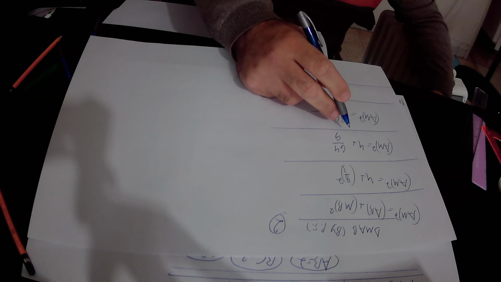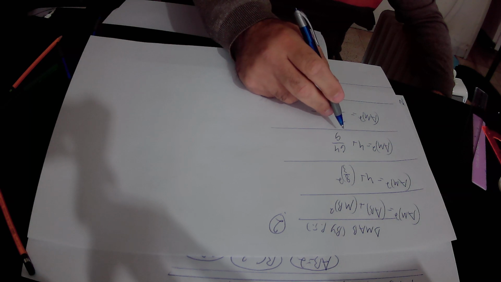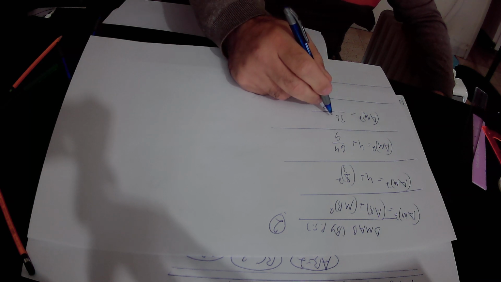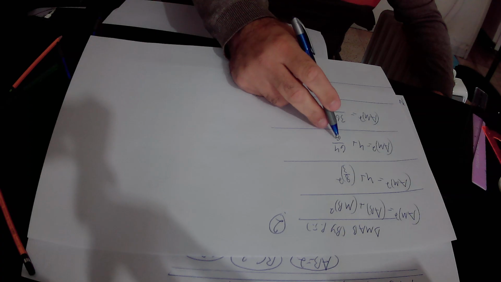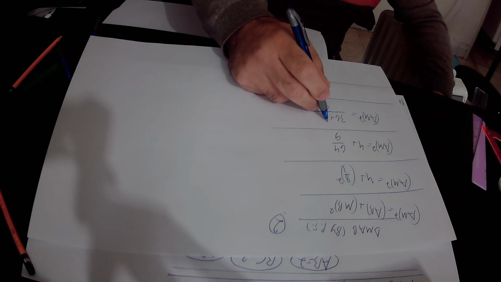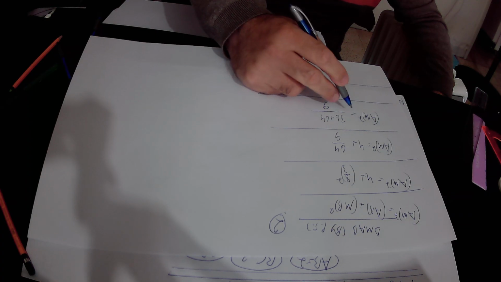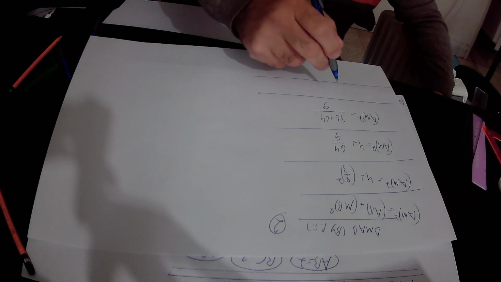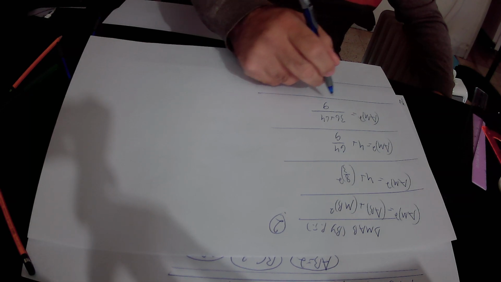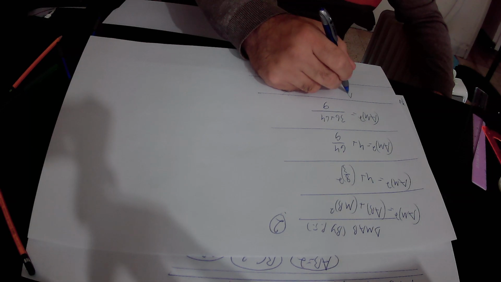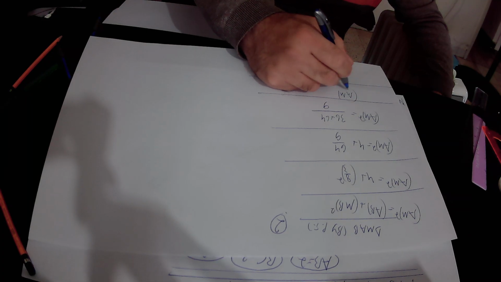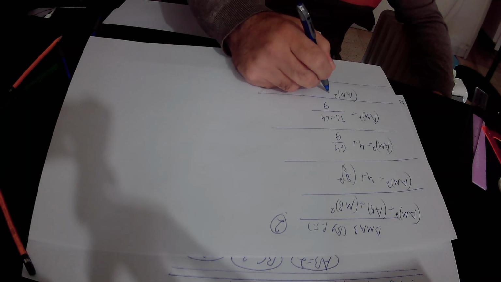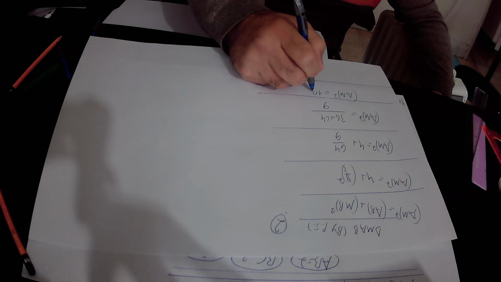We multiply by 9 and divide by 9, so we change nothing; therefore it is allowable. So 36 plus 64 over 9 equals AM squared. AM squared equals 36 plus 64, which is 100 over 9.